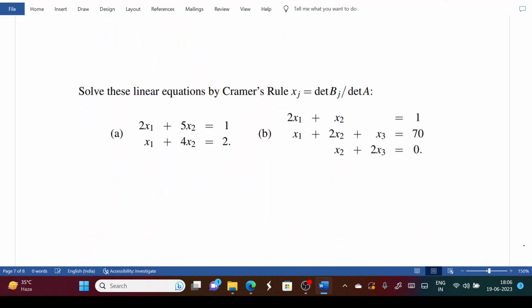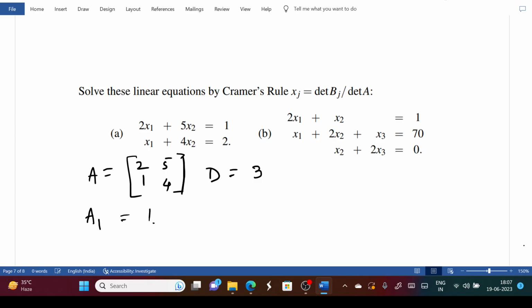Next, Cramer's rule. As usual, first of all, what is A? A is nothing but 2, 5, 1, 4. What about the corresponding determinant? D is how much? 8 minus 5, that is 3. Next is A1.